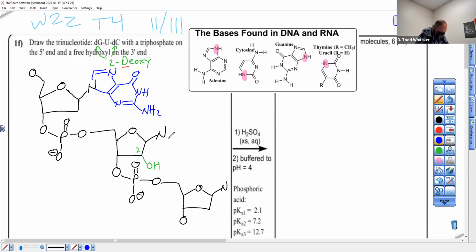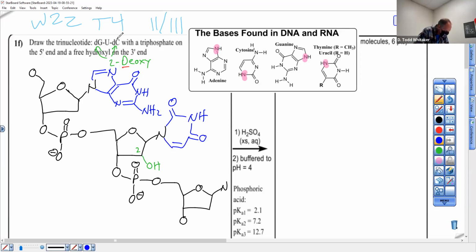Okay, enough talk, Dr. Whittaker. What about the second one, the U? U is R equals H, and you connect that. So you don't have to draw anything for R. N goes to carbonyl, goes to NH, goes to carbonyl, goes to C double C, goes back to N, done. There you go, not bad.